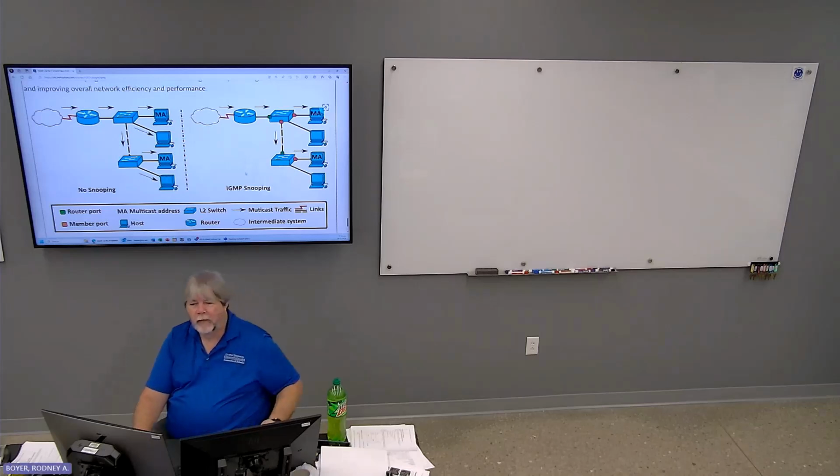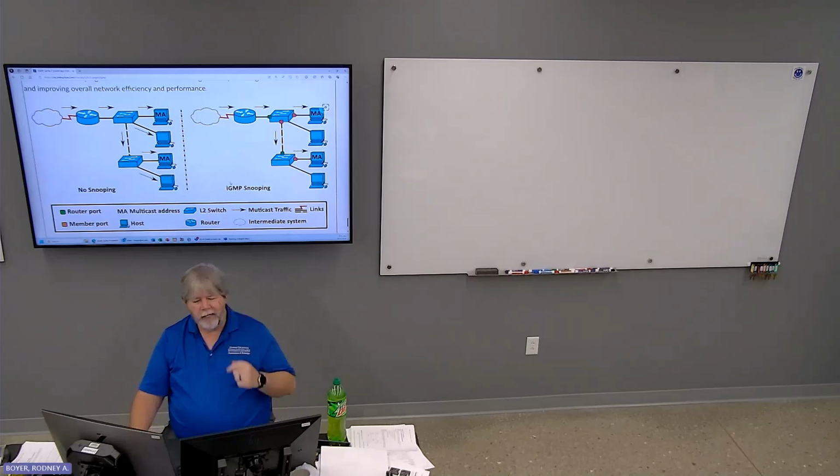So, in a nutshell, IGMP snooping is a way for your network to minimize broadcast and make itself much more efficient.